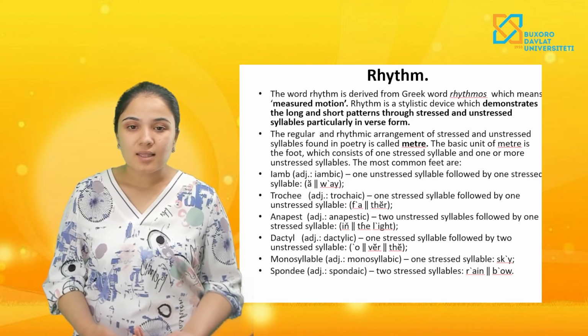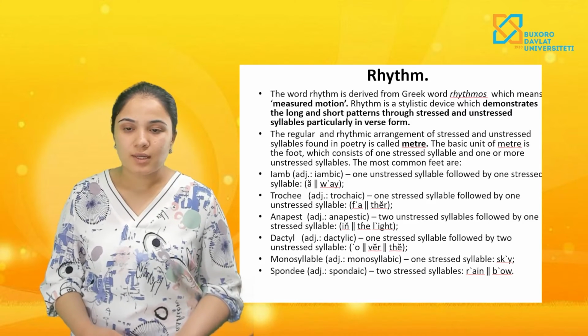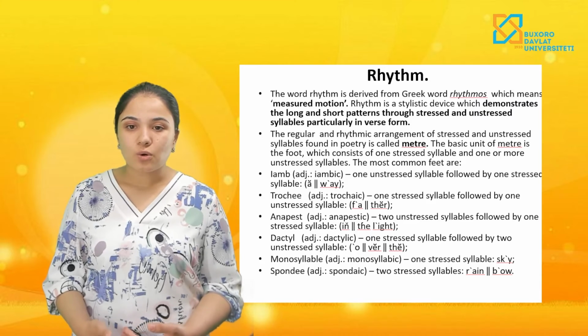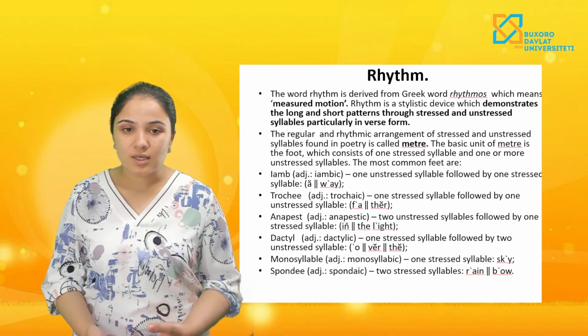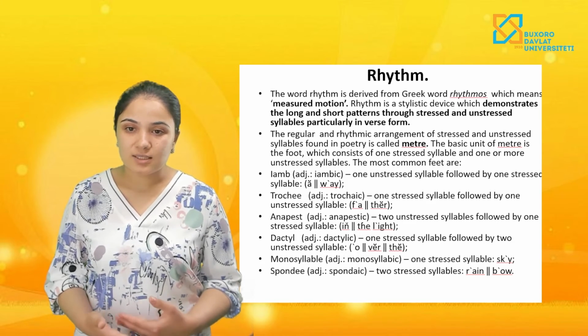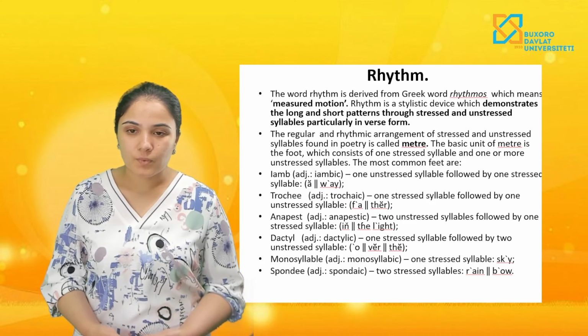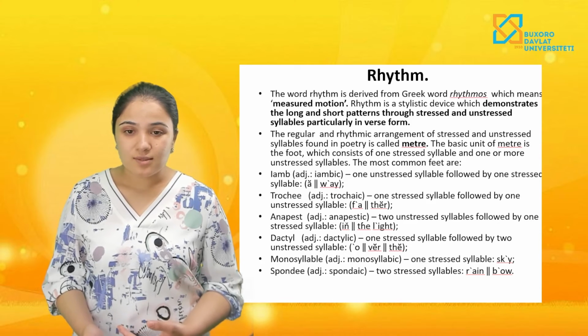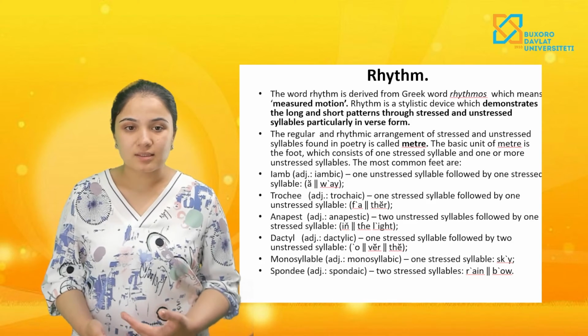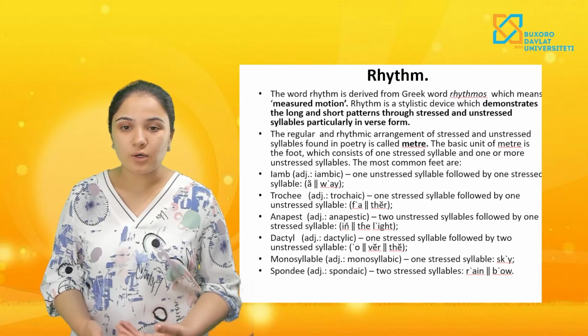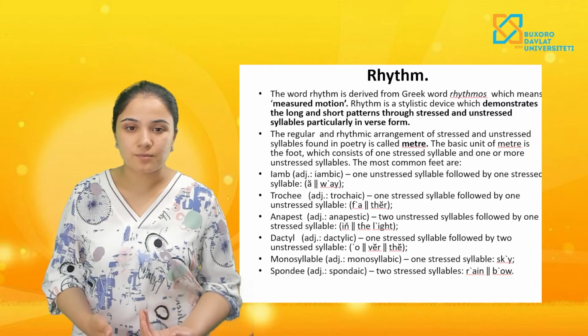Rhythm is a stylistic device which demonstrates the long and short patterns through the stressed and unstressed syllables, particularly in verse form. The regular and rhythmic arrangement of stressed and unstressed syllables found in poetry is called meter.